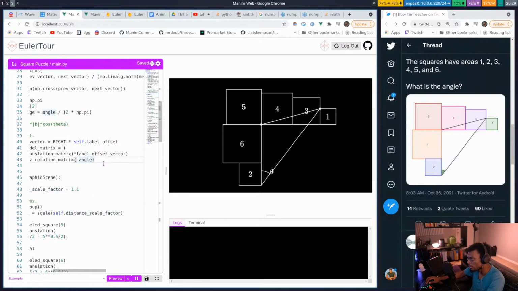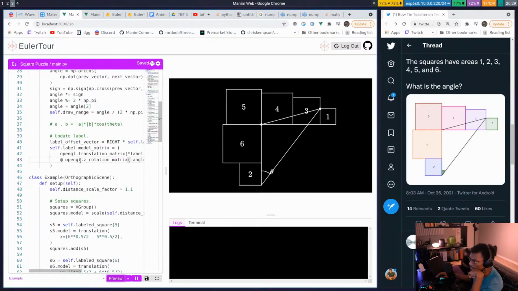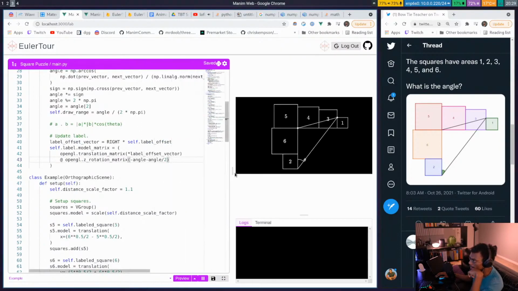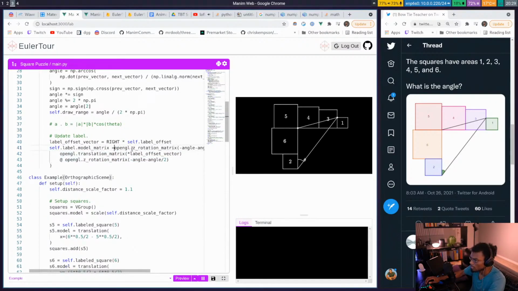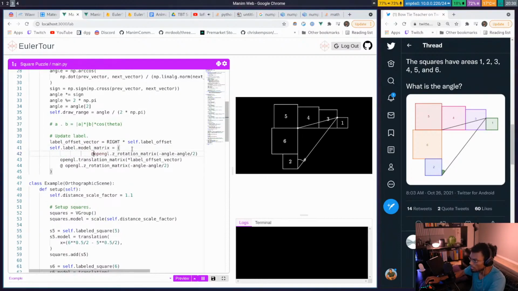So why is this not minus angle over 2? That doesn't make sense to me. It's slightly wrong now. And then when I multiply that by angle over 2, positive angle over 2.